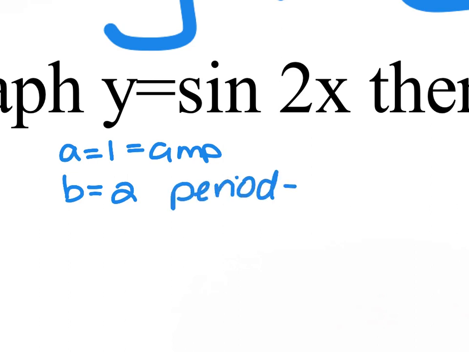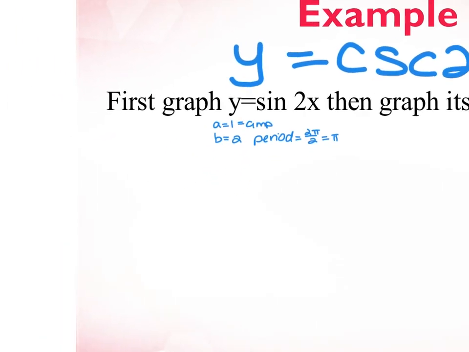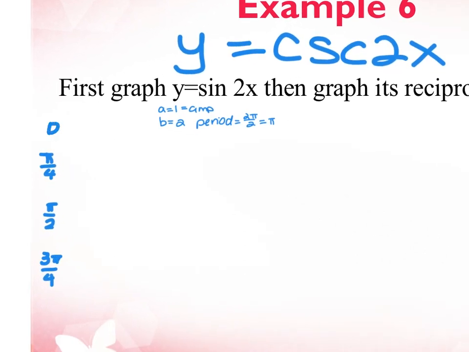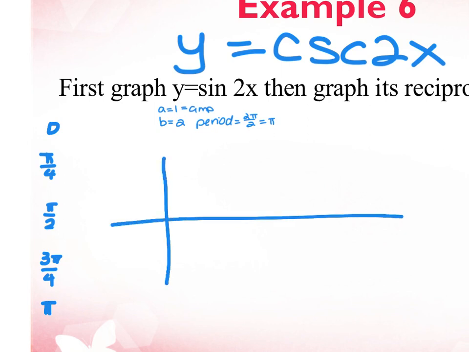2 pi over B, so this would be 2 pi over 2. This is pi. Then I'd find my quarter point, my half point, and my 3/4 point. Pi over 4, pi over 2, and 3 pi over 4. And then the first one is 0, the last one is pi, and there's no phase shift, so I start there.